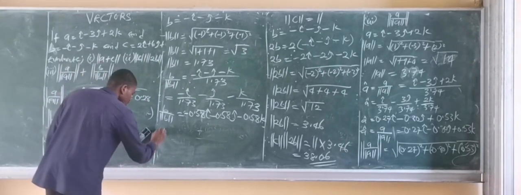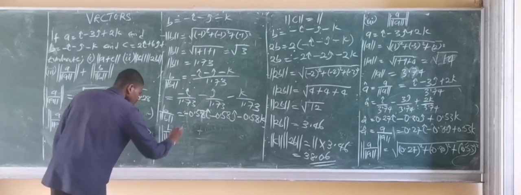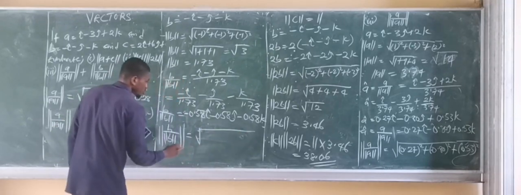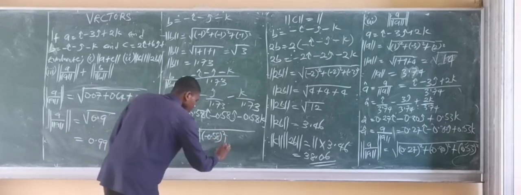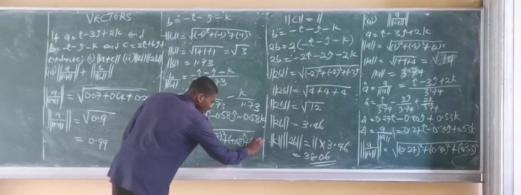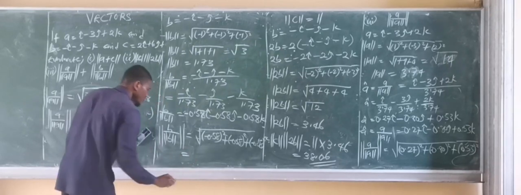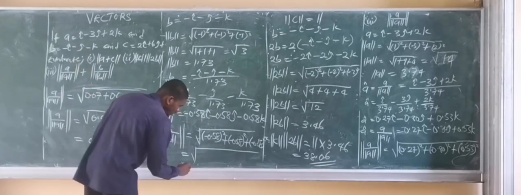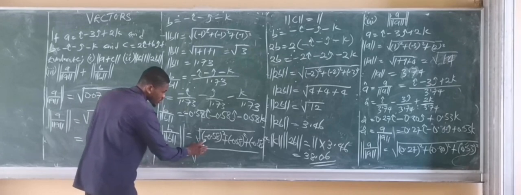Then the question says we should find the magnitude of the unit vector. The magnitude is simply the square root of minus 0.58 squared plus minus 0.58 squared plus minus 0.58 squared. So you're going to have the square root of 0.58 squared, 0.34. The square of a negative is always positive.